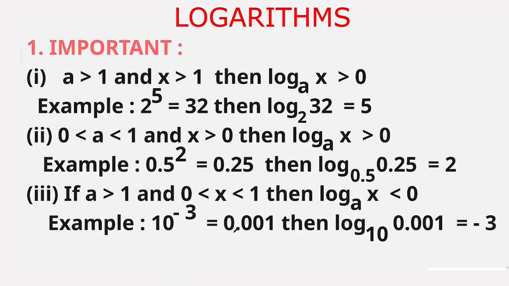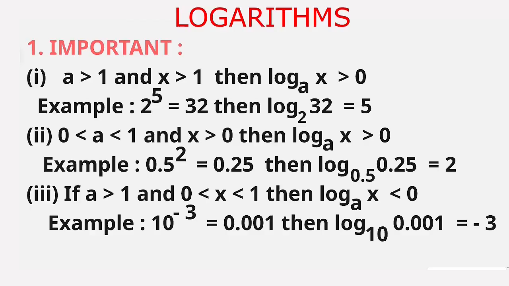And 0.001 is in between 0 and 1, that is x is in between 0 and 1. Then log 0.001 base 10 equals minus 3. Here log x base a is less than 0 and minus 3 is less than 0. So this way we can learn the important points.